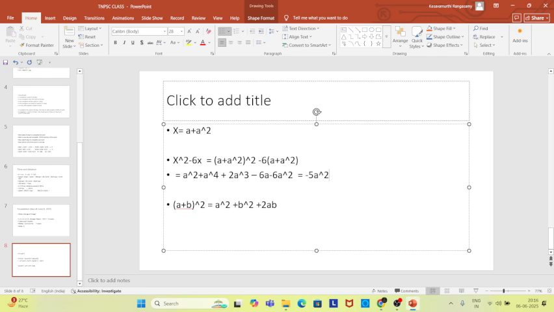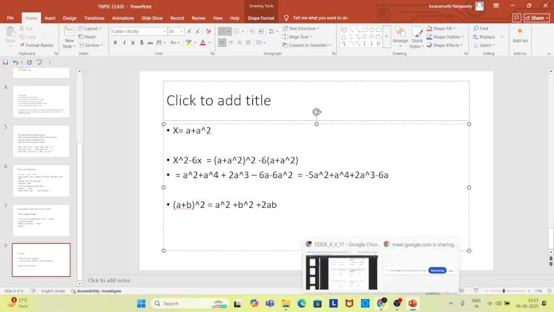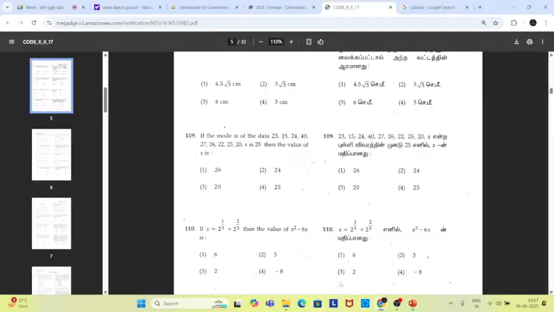Only one a power 4, and then 2a cube. What are we supposed to get? The value of x square minus 6x is what we wanted to find.